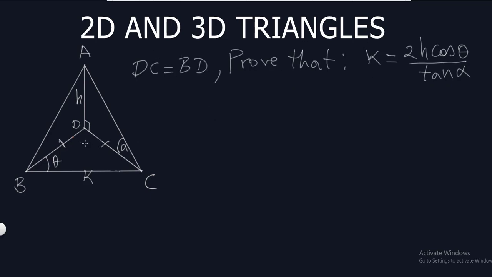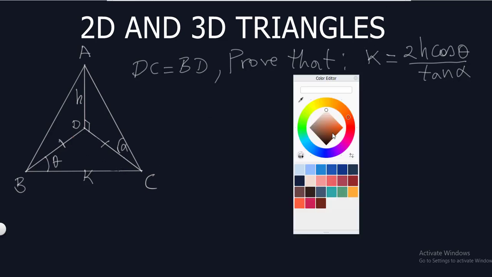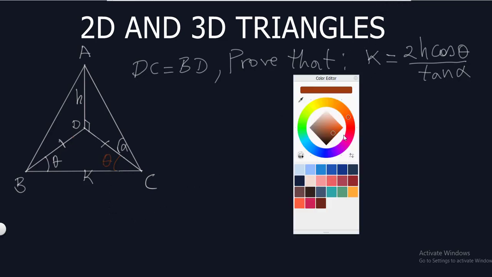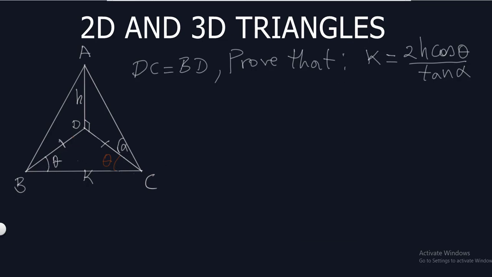They are equal. So if they are equal in a triangle, the first thing you have to know is that these two angles will be equal. The angle theta will be equal. So now if these angle thetas are equal, what will be the angle D?